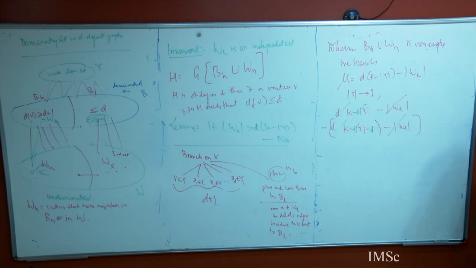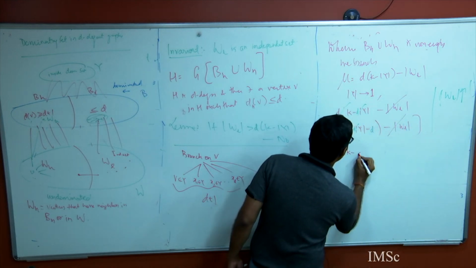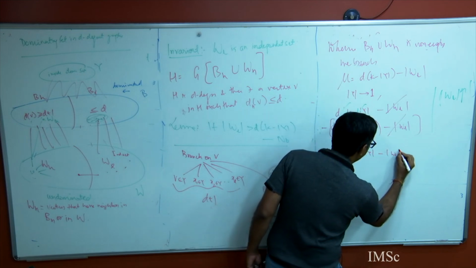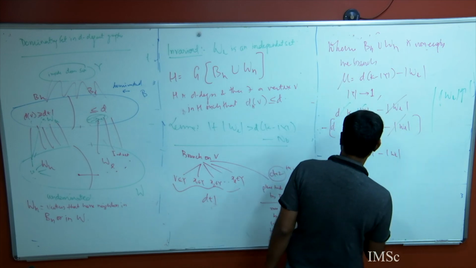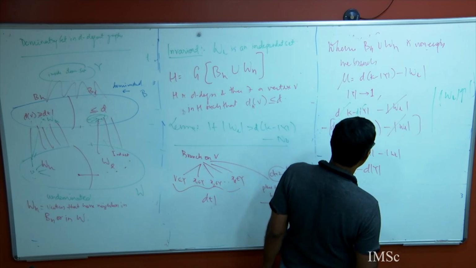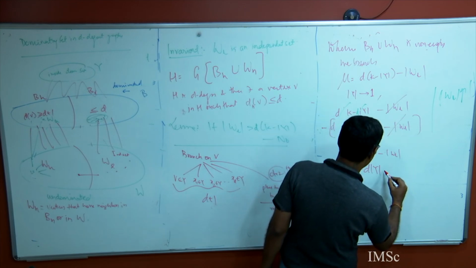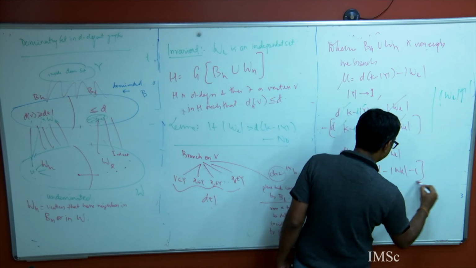When you decided to move him, what happened then? WL increased by 1. Agreed? This is what we did, right? So now let's try to see the measure. dk minus dy, WL minus 1, right?